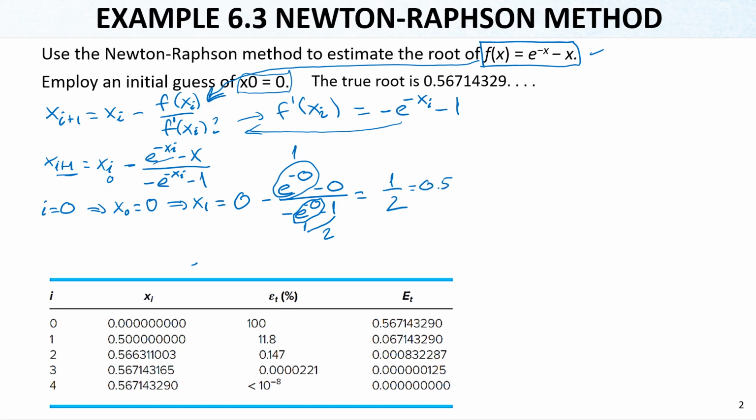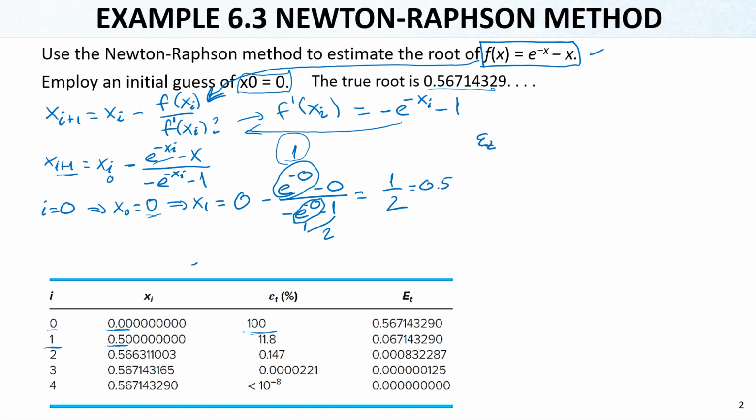And we can calculate this easily. So here you can see for i equals 0 it's 0 and for 1 it's 0.5. And the true error here is 100% because the actual value is 1 for x equals 0, and 1 minus this gives the true error. Let's calculate the true error.